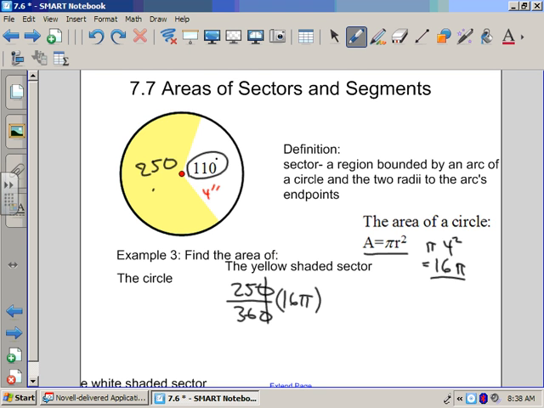I try to keep these things where those 10s cancel out and I don't have to do so much math in my brain. But 4 goes into 16 4 times. 4 goes into 36 9 times. And so this time the area of my yellow shaded sector must be 25 times 4, which is 100 pi over 9. That would be the area of my yellow shaded sector.